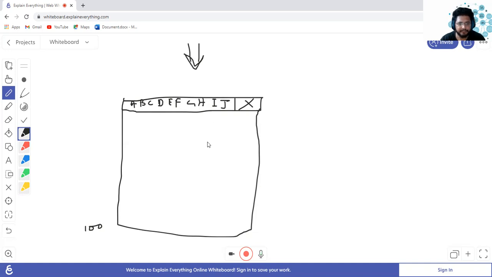Imran? I did not get the question. Sorry. The question is, I have a data set which has 10 columns and one final column, and I have got 100 rows. Now I apply the decision tree algorithm on top of this.